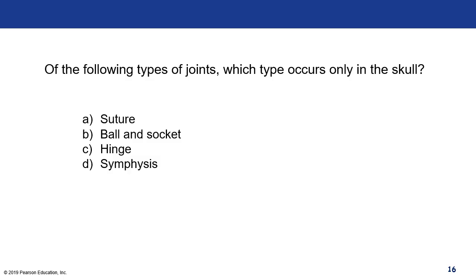Oh, another point. Lots of points today. Of the following types of joints, which type occurs only in the skull? So that is an easy question now that we just looked at it.